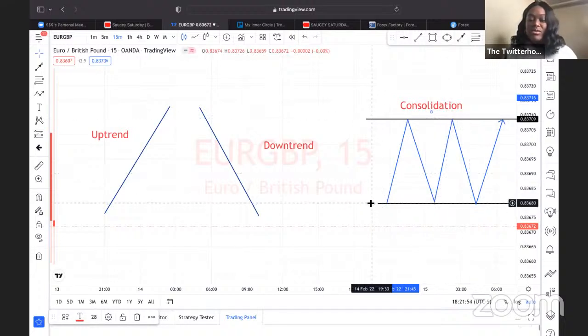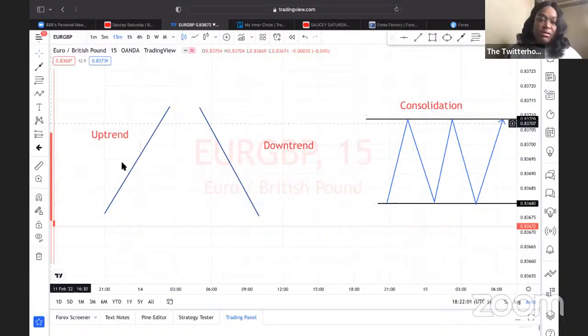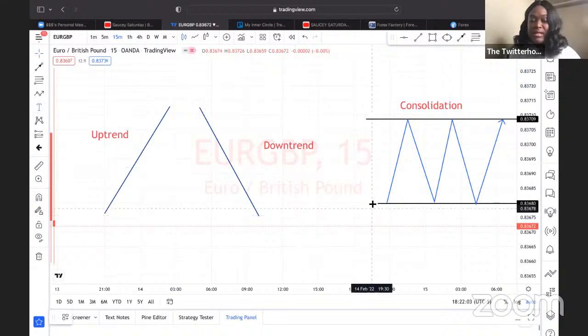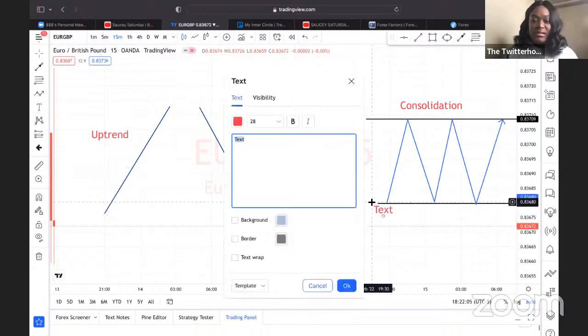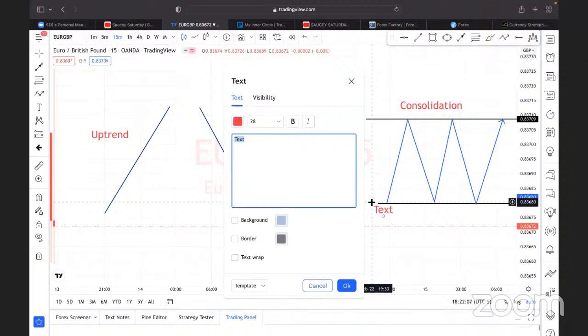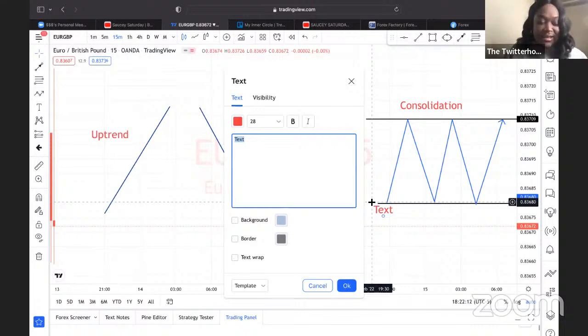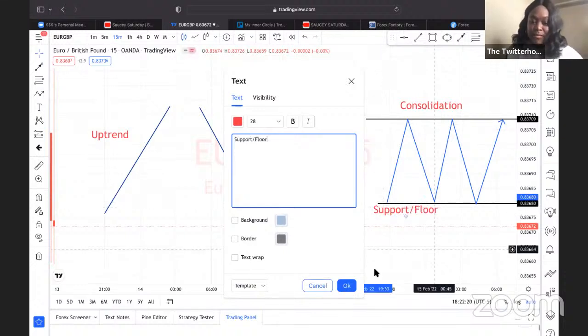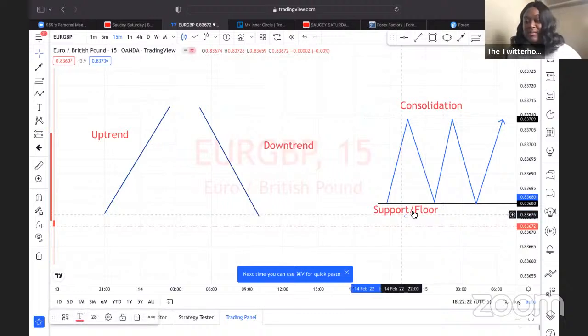Does anybody know what the bottom line is called? Who can tell me what the bottom line is called? Is it not support? Exactly. It's called support or the floor. Perfect. At the bottom, it's support or the floor.